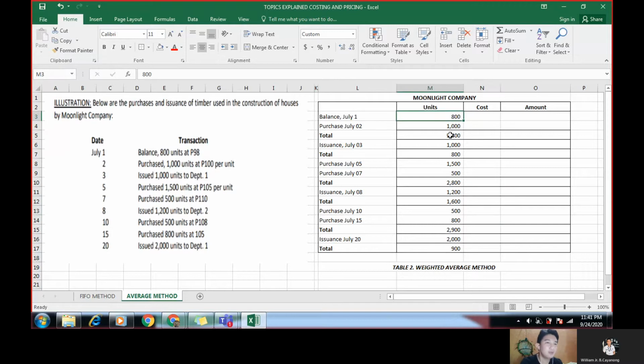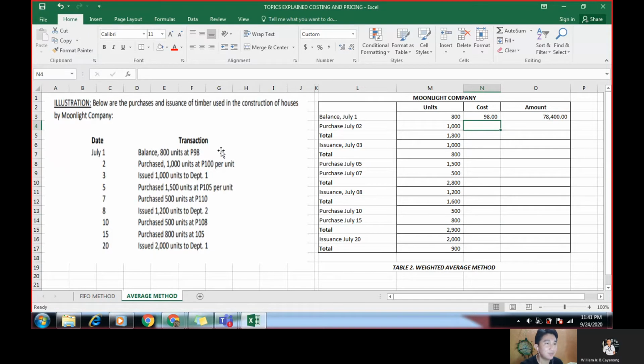Okay, so the cost on July 1 is 98 pesos. 800 units at 98 pesos. Lalagay natin. So, therefore, the amount, do the same process, 800 times 98 pesos. It's equal to 78,400. Ayan. So, next is purchases.